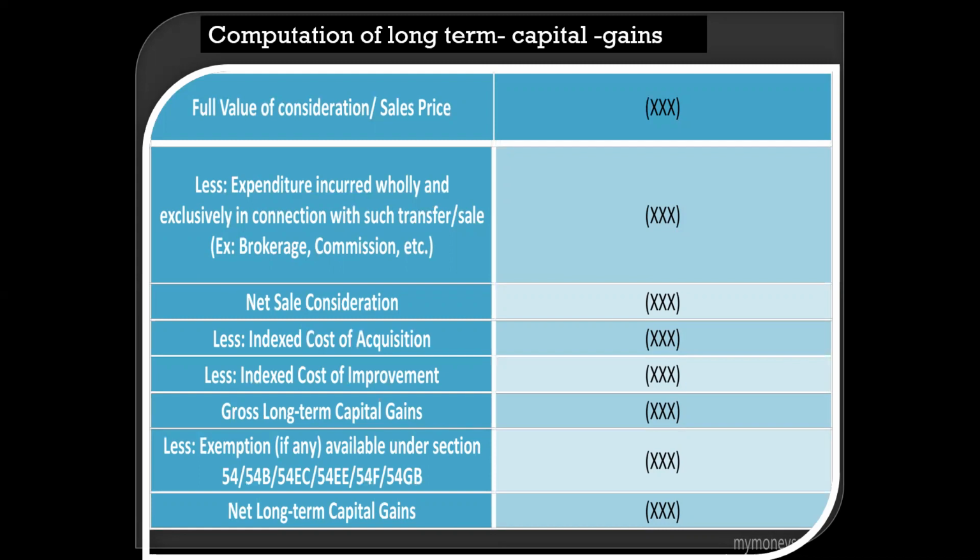Then we have to deduct indexed cost of acquisition and indexed cost of improvement from the net sale consideration. What will we get? We will get gross long-term capital gains. But as we know, that is subject to taxes as well. So we will deduct exemption, if any, available under the following sections from the gross long-term capital gains. And then we will get our net long-term capital gains.